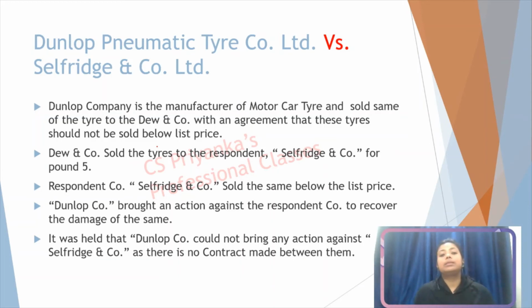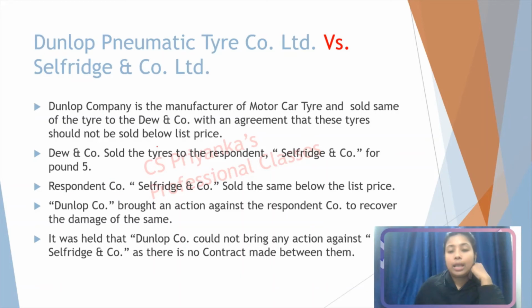Dunlop Company is the manufacturer of motor car tire and sold some of the tires to Dew and Company with an agreement that these tires should not be sold below list price. Dew and Company sold the tires to the respondent Selfridge and Company for £5.